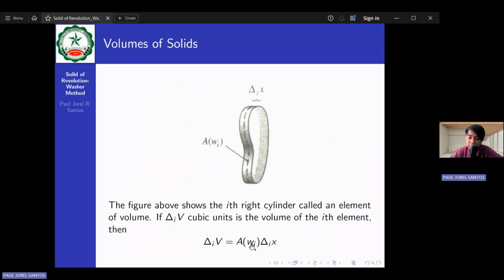Since A of w sub i represents the area of the plane region and delta sub i x represents the height of this right cylinder, we just need to multiply these two to compute the volume.